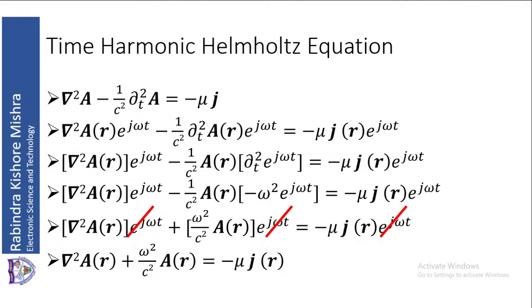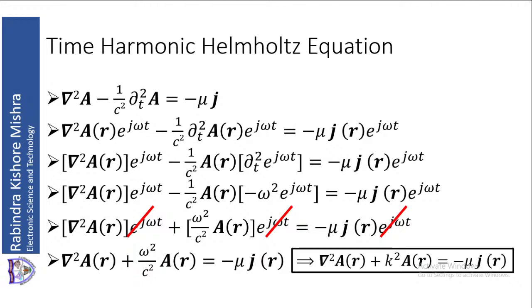Now you know omega by c is equal to k. So omega square by c square is equal to k square. So the Helmholtz equation now reduces to del square A as a function of R plus k square A as a function of R is equal to minus mu J as a function of R. So this is the Helmholtz equation.